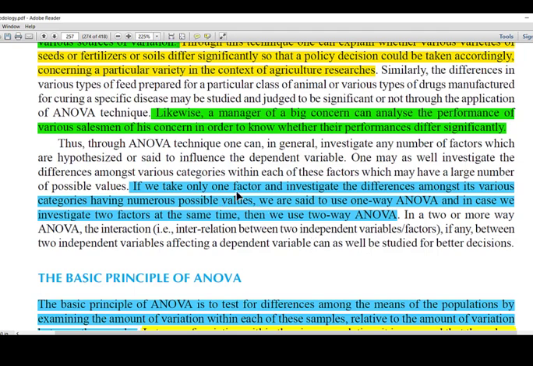If we take only one factor and investigate the differences amongst its various categories, having numerous possible values, we are said to use one-way ANOVA. And in case we investigate two factors at the same time, then we use two-way ANOVA. That means when we consider one factor, it is one-way ANOVA. If we consider two factors at the same time, then it is called two-way ANOVA.